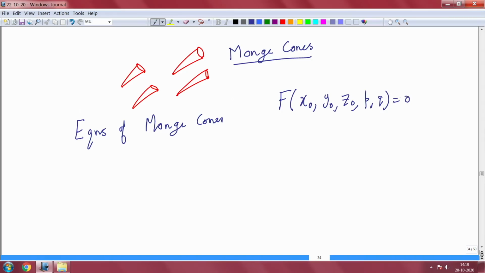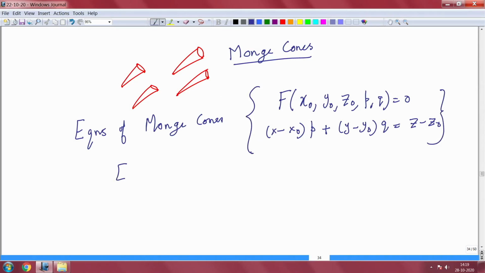You solve this and then you have x minus x naught into p, this is the equation of the plane, plus y minus y naught into q equal to z minus z naught. These are the two equations. You want to find its envelope, the line of contact.